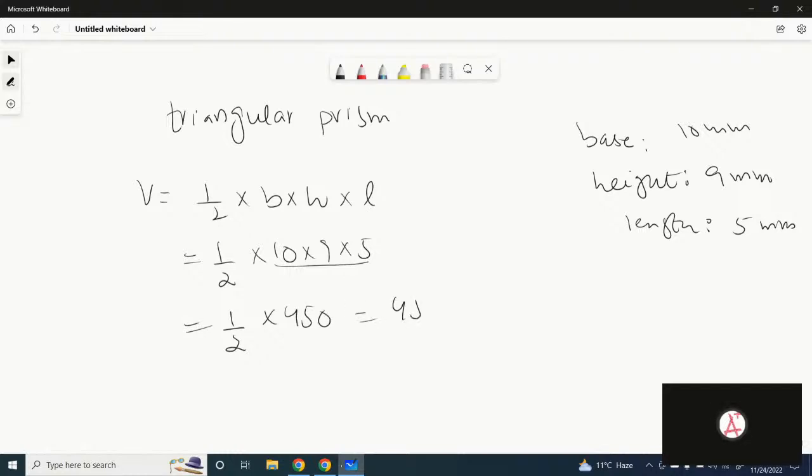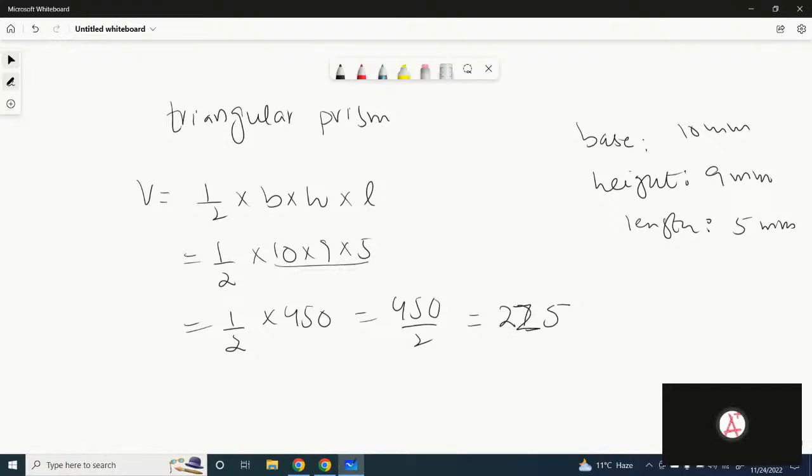It would be then 450 divided by 2. Let me just divide. It is 225. Got it?